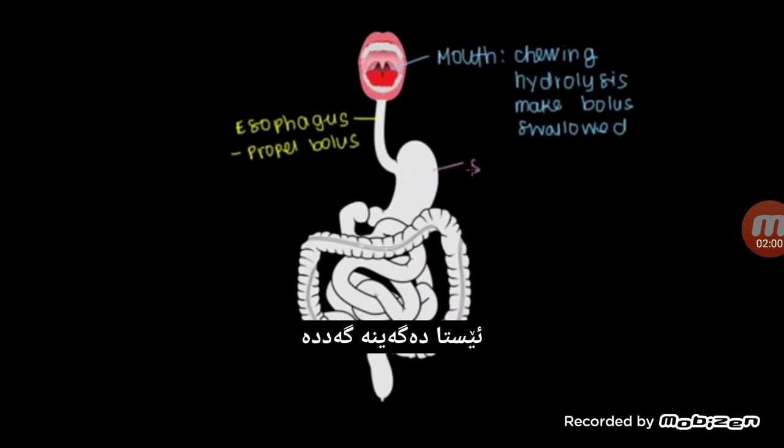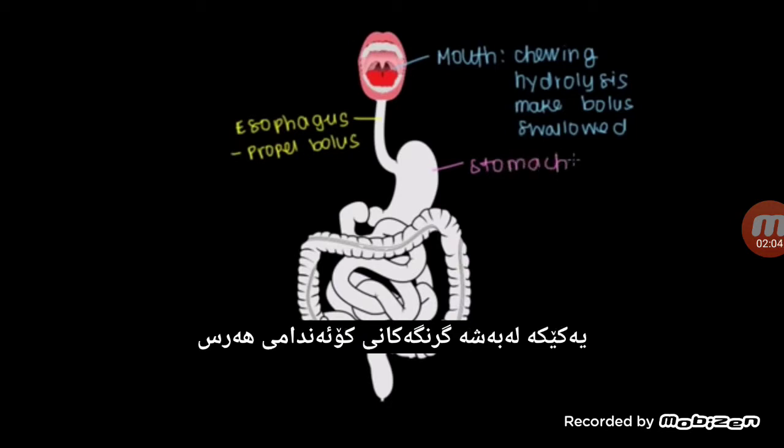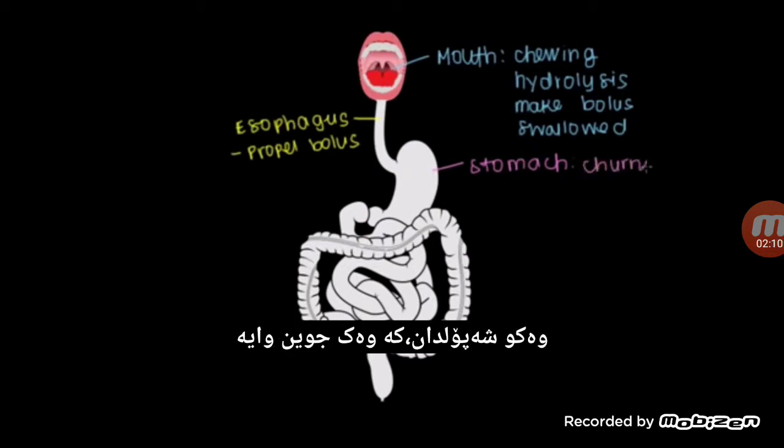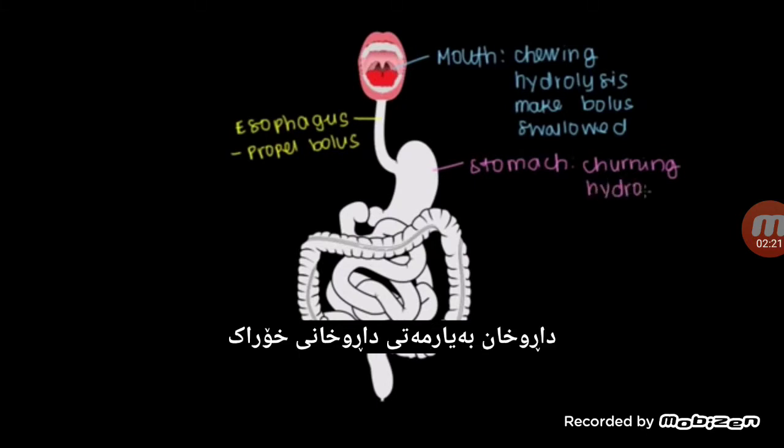Now we get to the stomach. A lot of action going on in the stomach. One of my favorite parts of the GI tract. The stomach is responsible for multiple things, including churning, which is a lot like chewing, except that there are sort of more dimensions of contraction affecting the food and breaking it down. We also have hydrolysis going on here, the enzyme-assisted breakdown of food.